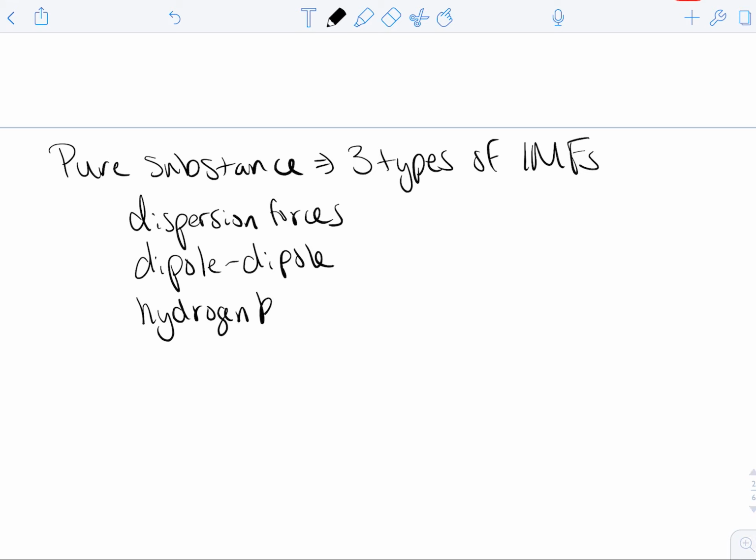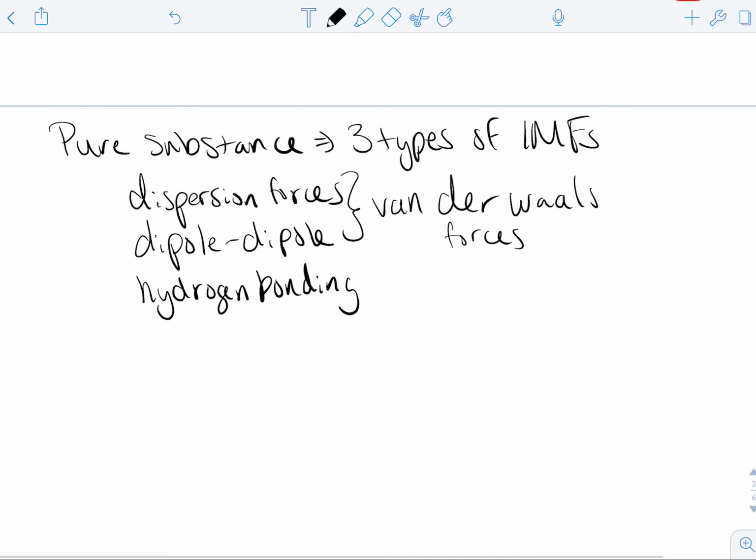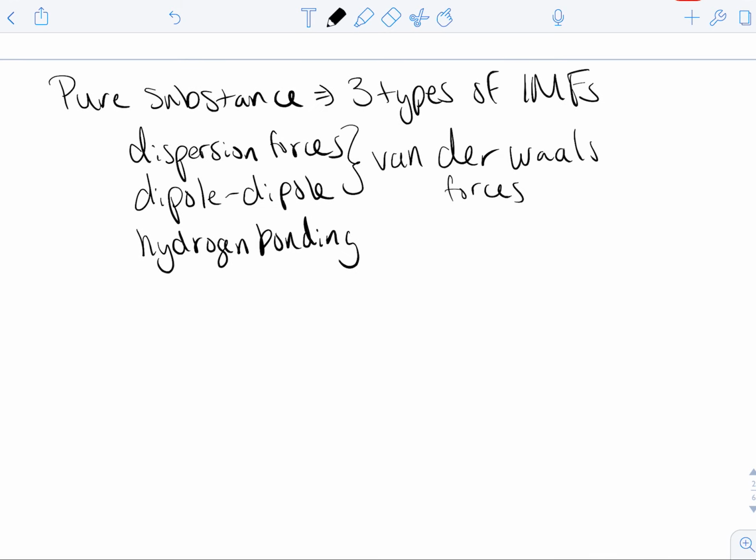And we're going to go into each of these. These right here are called van der Waals forces as well. So you may hear that term. Okay, and we're going to start with dispersion forces.